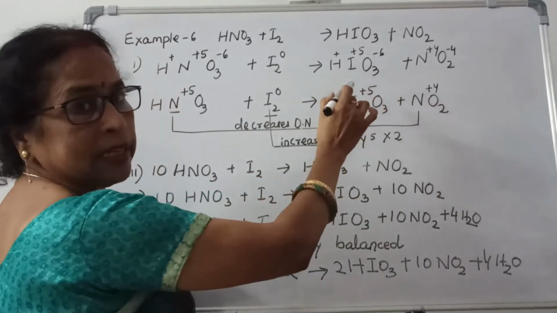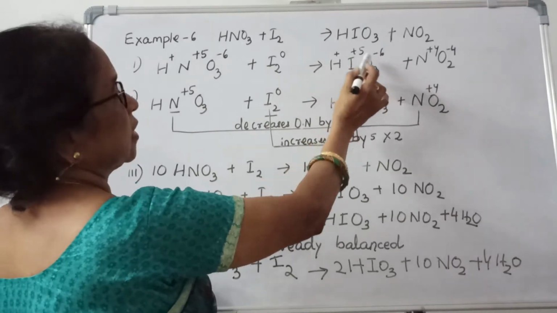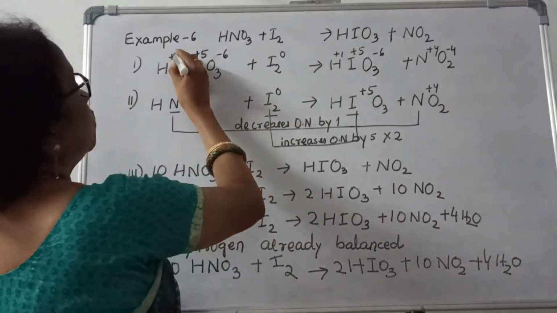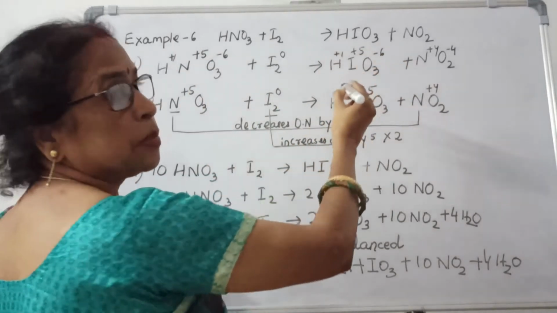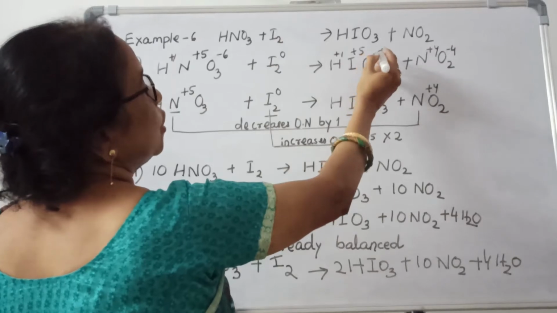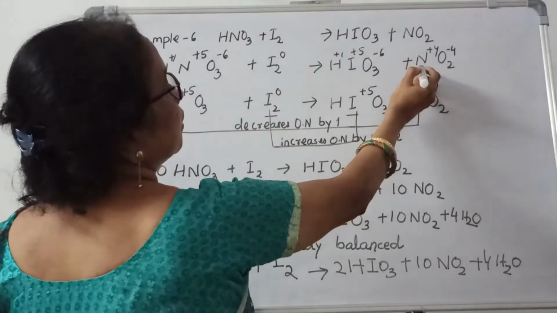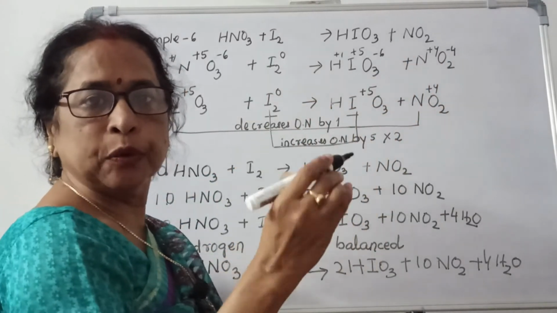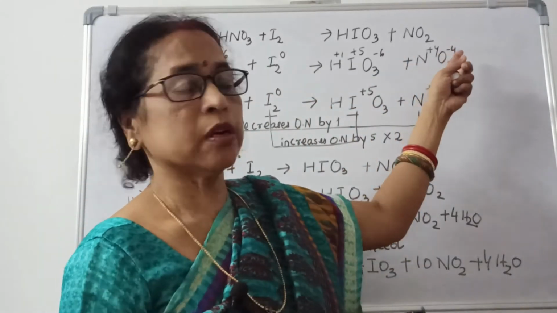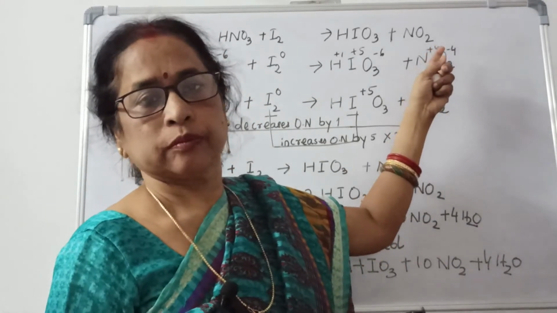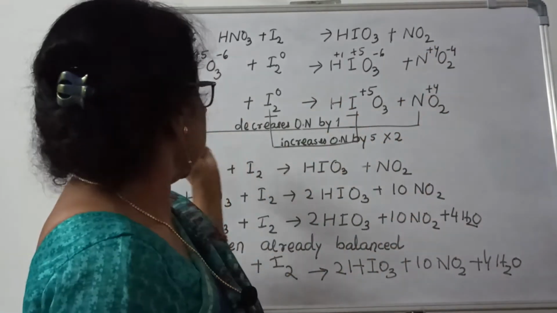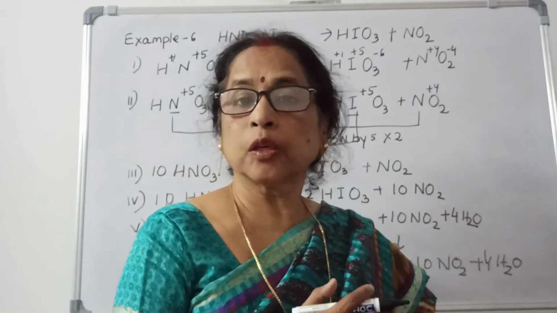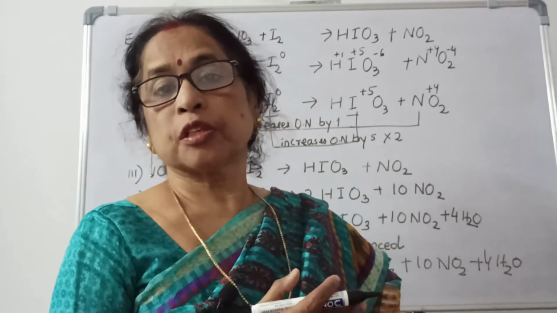HIO3, oxygen 3 into minus 2 is minus 6, H plus 1 and I plus 5, so the sum of the oxidation numbers in iodic acid is 0. And now NO2, that means oxygen is 2 into minus 2, equal to minus 4, and N is plus 4.